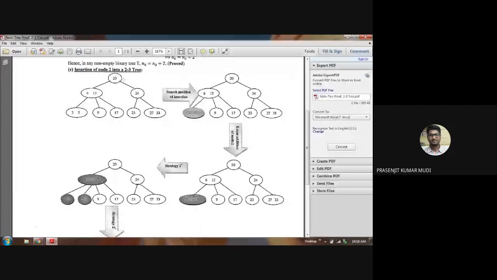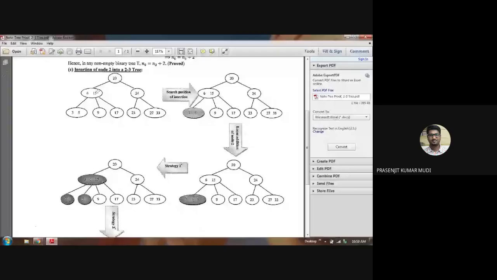Remember what a 2-3 tree is in short. How do you check whether a tree is a 2-3 tree or not? Based on the number of data fields, you check the number of children. The number of children should always be equal to the number of data fields plus 1.